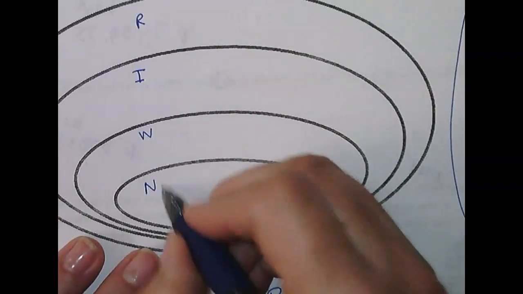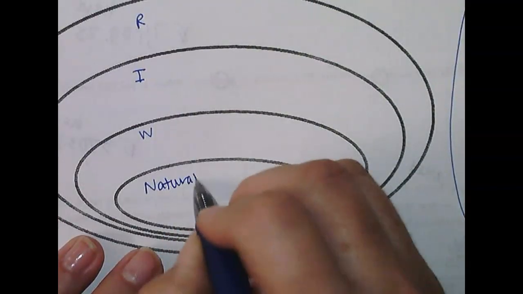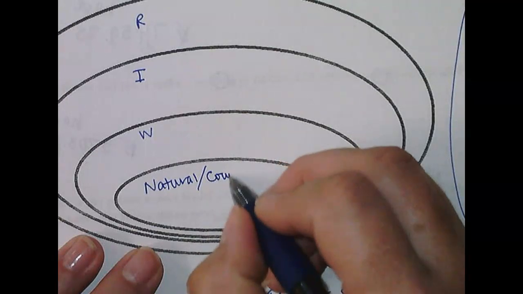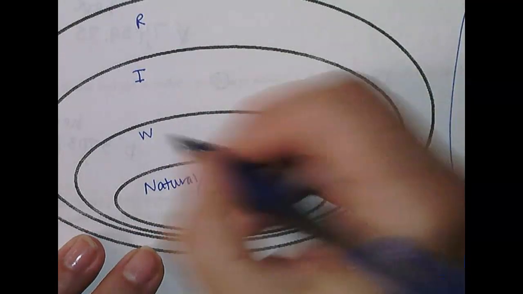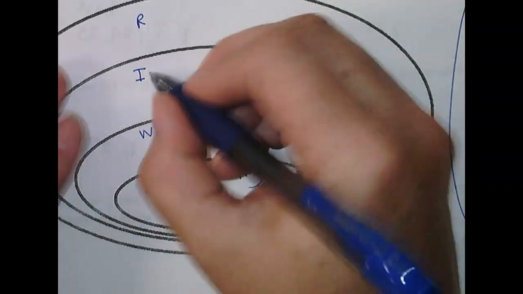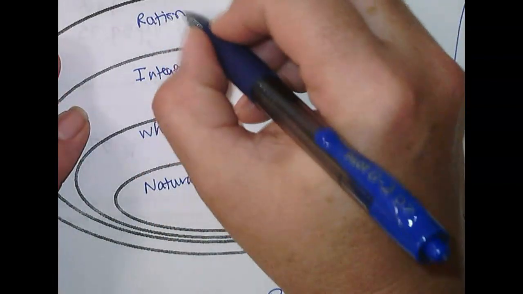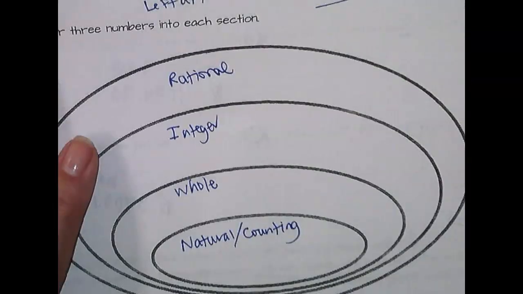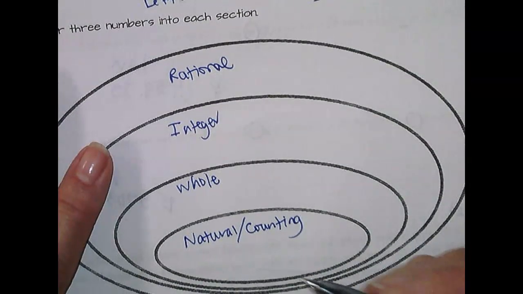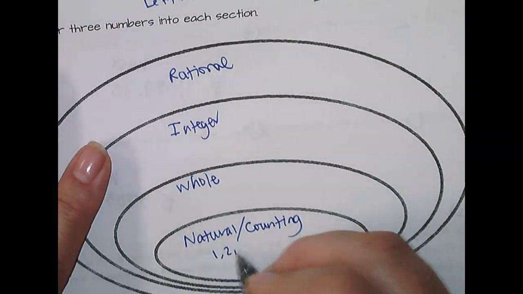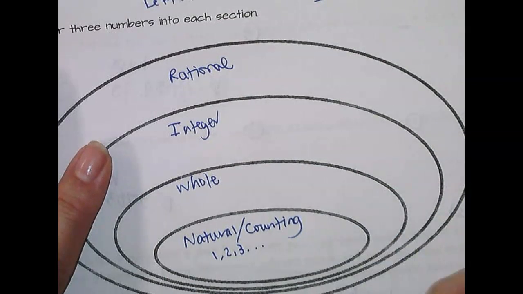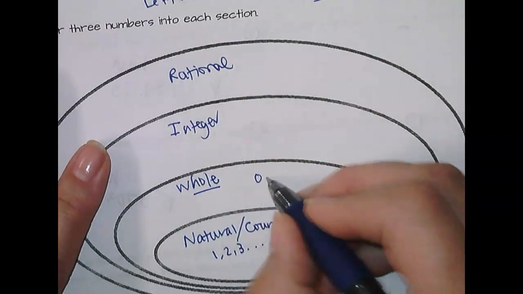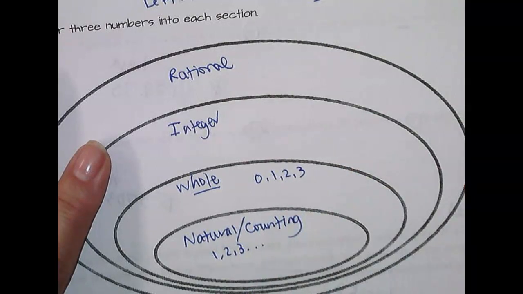Alrighty, that was natural. Natural born counter, as in counting, and that's a whole number. Integer. Rational. And what did we put for natural? Who was our counter in class? You're right. So what did they say? 1, 2, 3, more. What does whole start with? Maybe a 0. 0, 1, 2, 3.